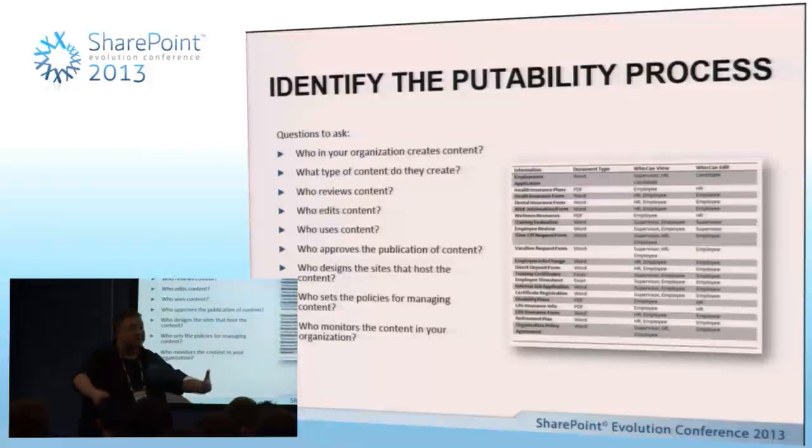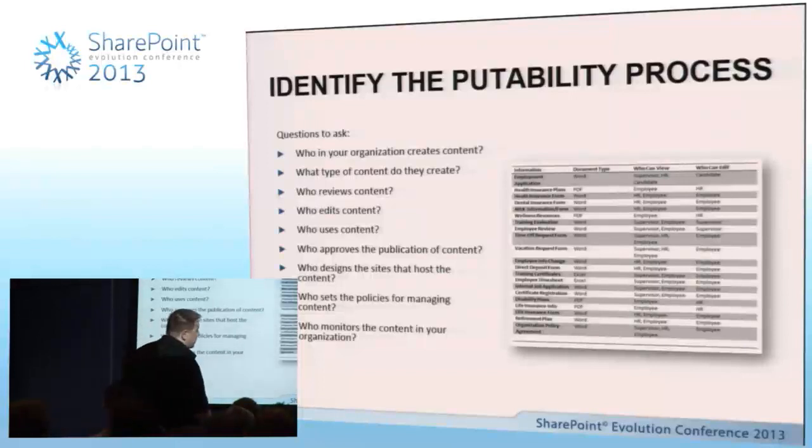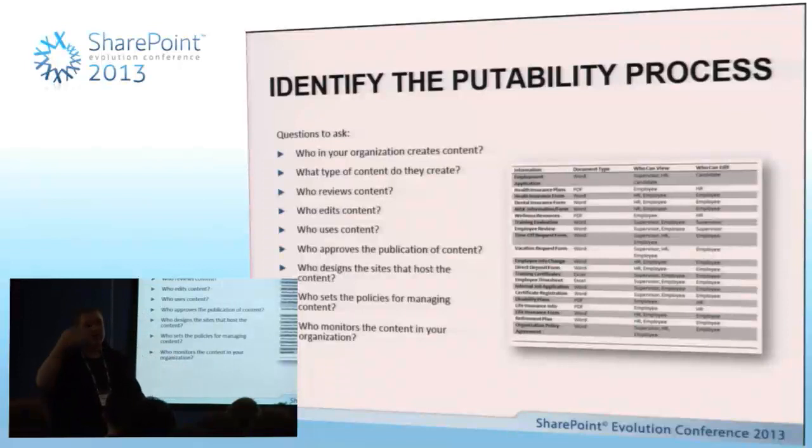Who sets the policies for managing the content? Who monitors the content? All these different pieces also depend on how we put information and how we use it inside of an organization. And so we have to understand all these different components to be able to really understand where our information could go, how it should be organized, who's going to find it, who has access to it, and all those different pieces.